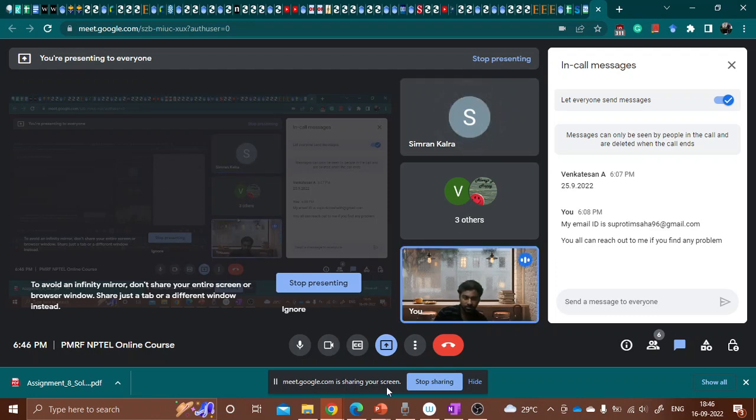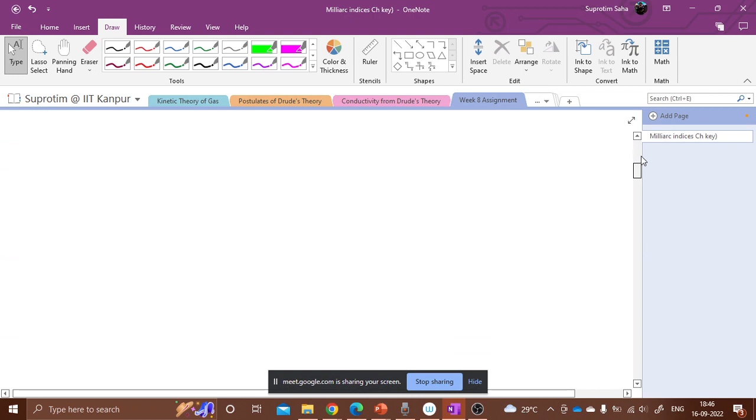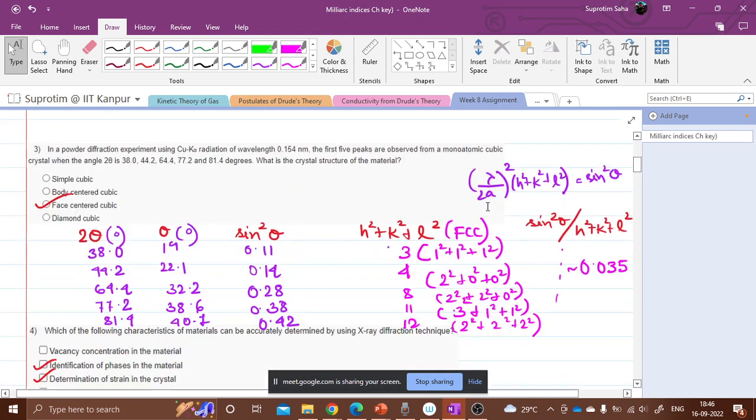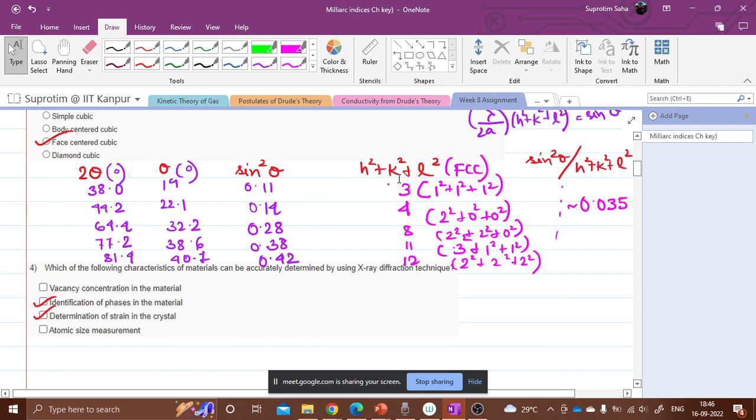So what you have to look out for now is which planes are allowed for simple cubic. Basically all HKL are allowed. So 1 0 0, 1 1 0, 1 1 1, and then 2 0 0, 2 1 0, 2 1 1. These all are allowed for simple cubic, but not all allowed for FCC and BCC.